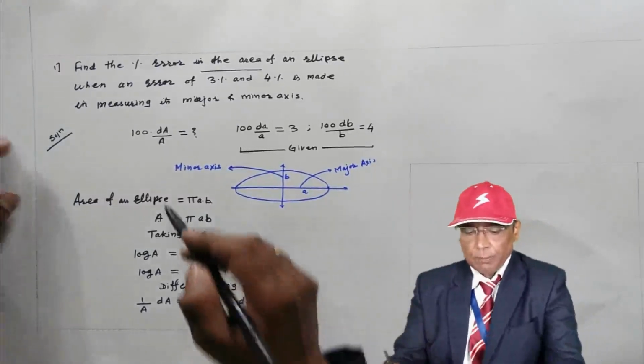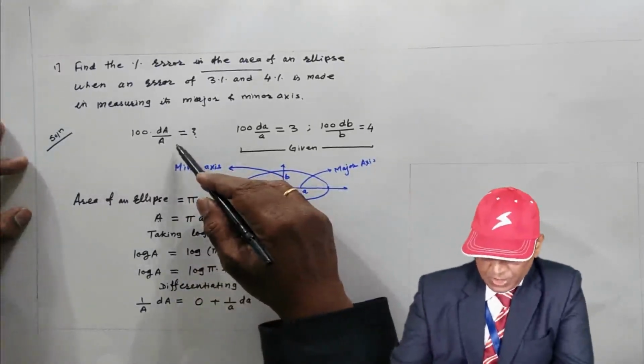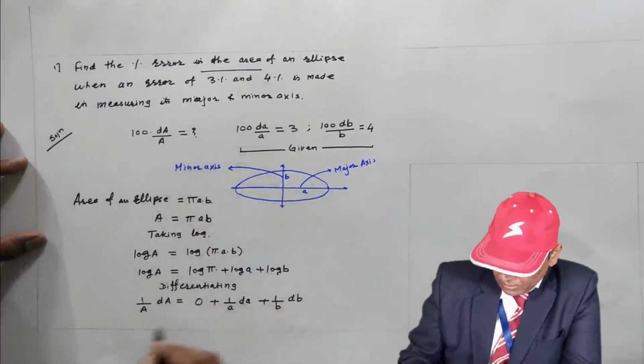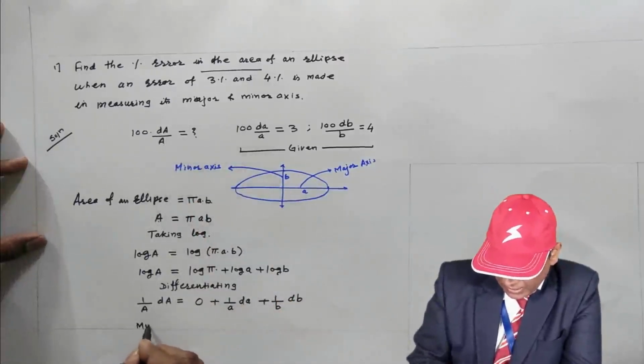Now we want the percentage error, which means 100 dA by A, so I am going to multiply by 100 here.